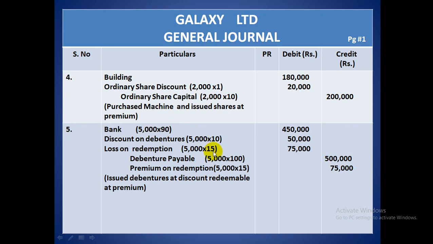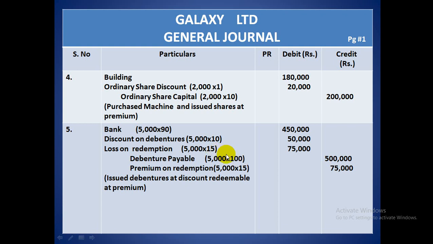Debentures are issued at discount. The par value of debenture was 100. Debenture payable is always credited with its par value. The amount which we are receiving will be debited in the bank, and the difference of these two should be recorded as your discount on issuance of debentures. Now we had further seen that the debentures will be redeemed at rupees 115.